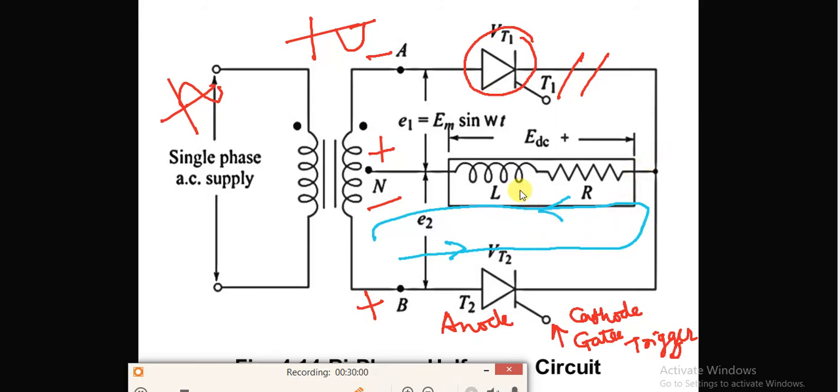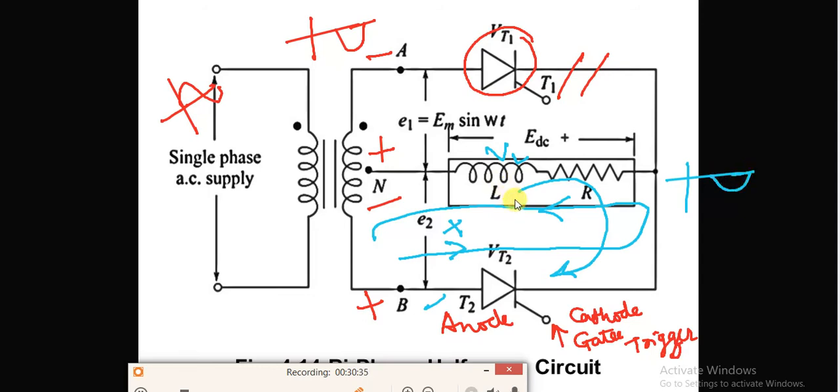Again, the load is inductive in nature. So again a voltage is developed across this inductor, and if the voltage is developed across this inductor, it will provide a negative voltage, and hence the current will keep on flowing through this SCR when we have a negative cycle over here. Means first we'll get output voltage like this.